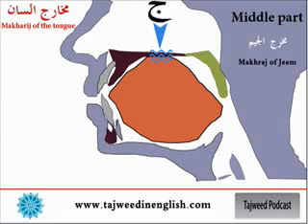In the wasatul lisan, the middle part of the tongue touches the roof of the mouth, and the sound stops exactly as with the qaf. Aq, aj. But with the kaf, there is some air coming. It doesn't stop completely, but it makes that rakhawa, that hams in the kaf.